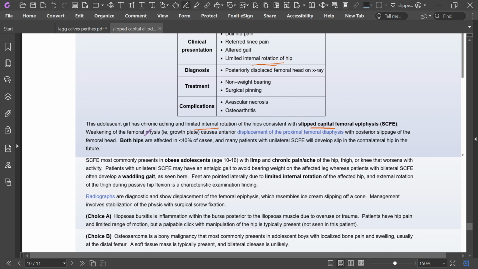Weakness of the femoral epiphysis growth plate causes displacement of the proximal femoral diaphysis and posterior slippage of the femoral head. Both hips are affected in less than 40% of cases; with unilateral slip, the contralateral hip may develop it in the future.